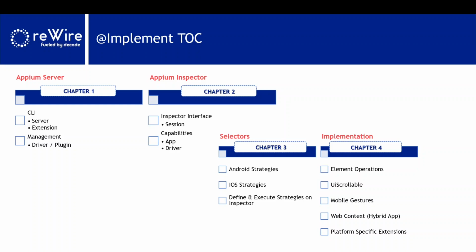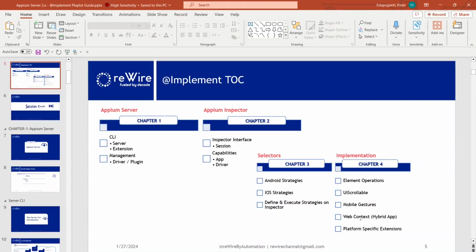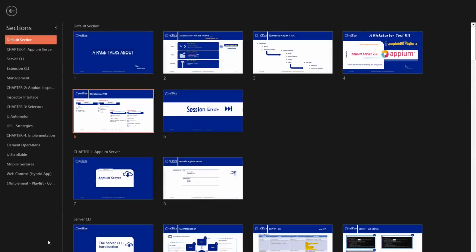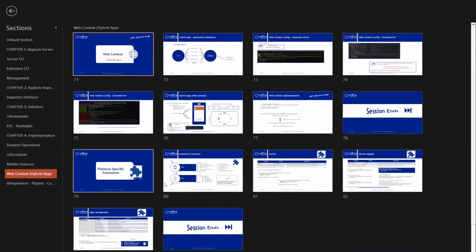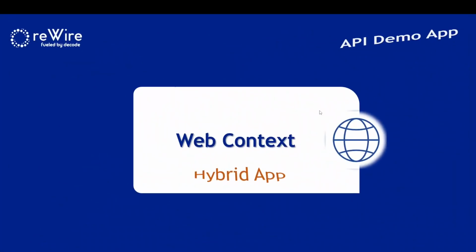So let's see how a hybrid app can be automated, what exactly it is, and let's start with the conceptual level, and then configuration, and then implementation. I'll walk through. Okay, so let's talk about the hybrid app, what exactly it is.